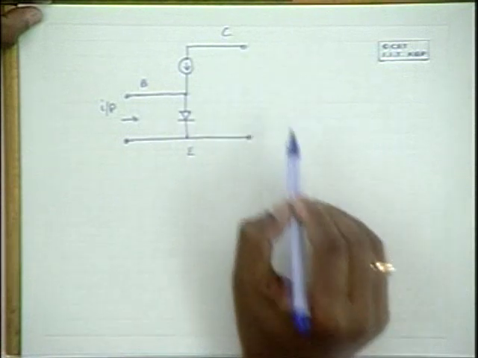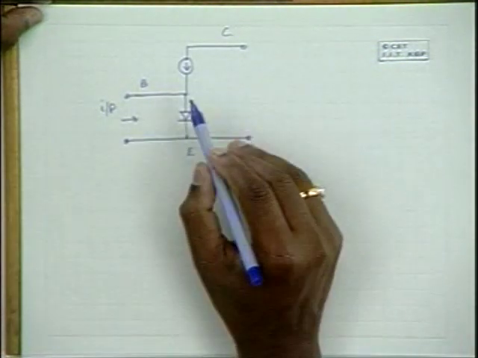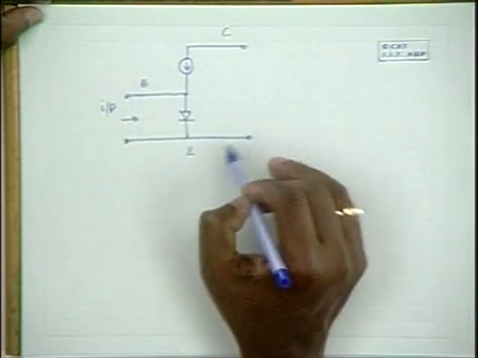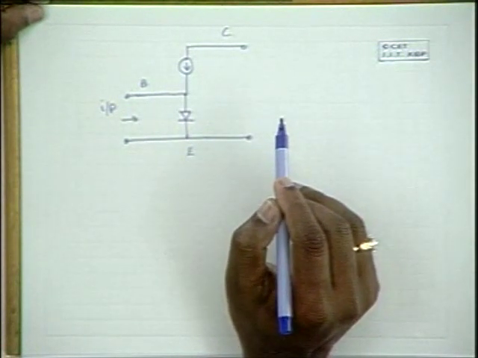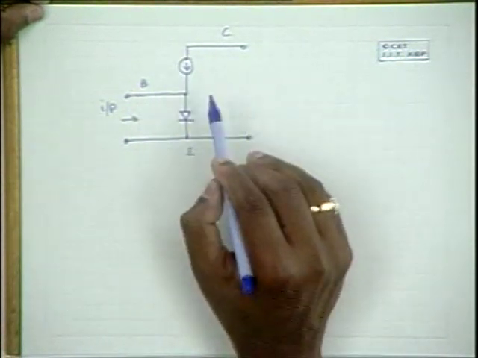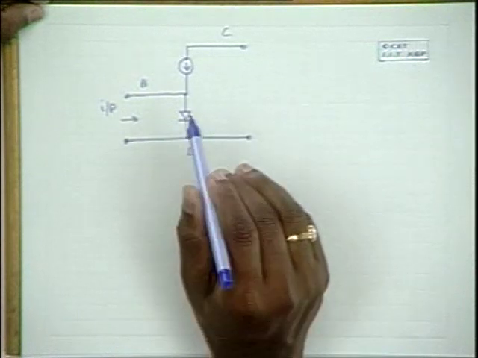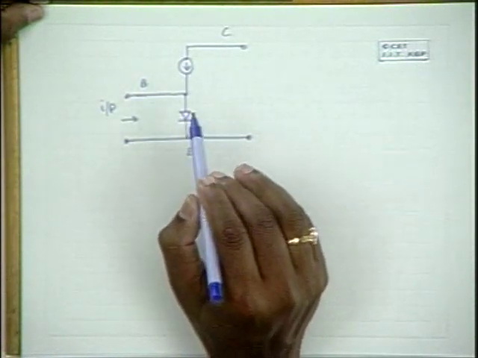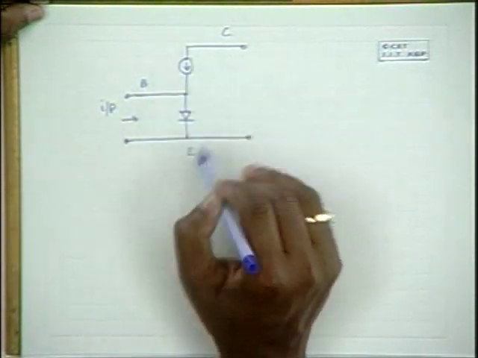Hence, by substituting the same model here, so you get this model. The same model which we have used for common base configuration is being used here. So this is the model.